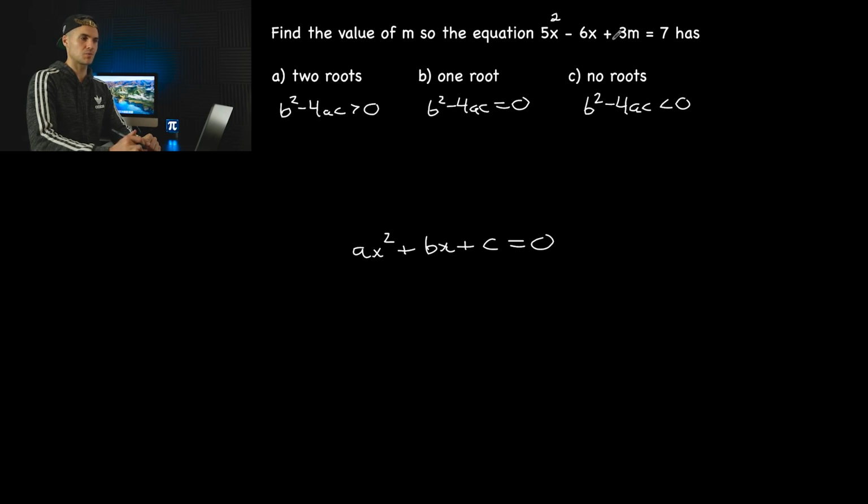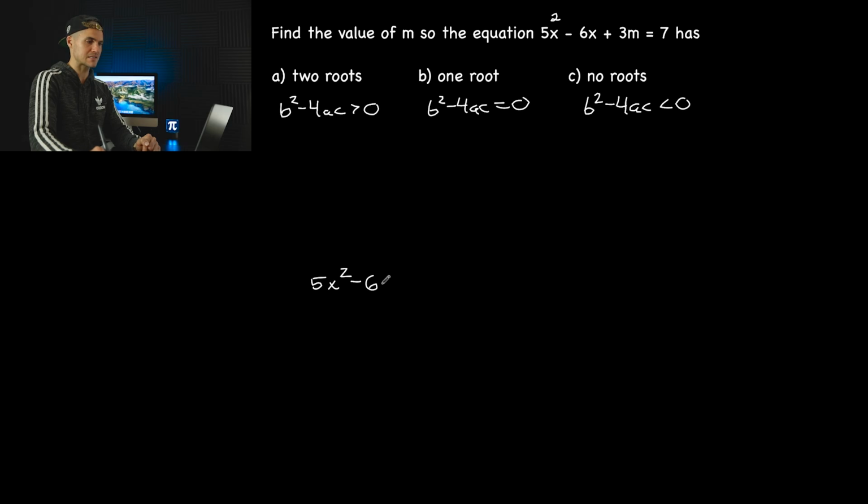So what we want to do is take our specific equation and see what the a value is going to be, get the coefficients: the a value, the b value, the c value. Now notice that in the quadratic equation I just wrote down, there has to be a 0 on the right side. So I'm going to bring the 7 over, and so I would have 5x squared minus 6x plus 3m minus 7 is equal to 0, like that.